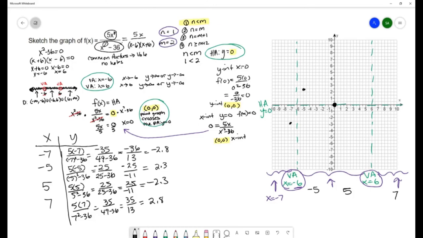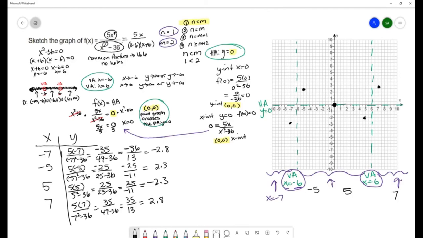We have (5, -2.3), about here. And (7, 2.8) would be about here. Now that I have these points, I feel more comfortable drawing the graph.